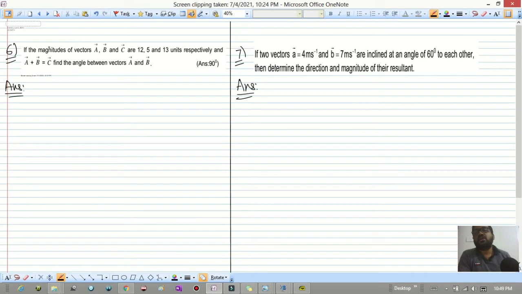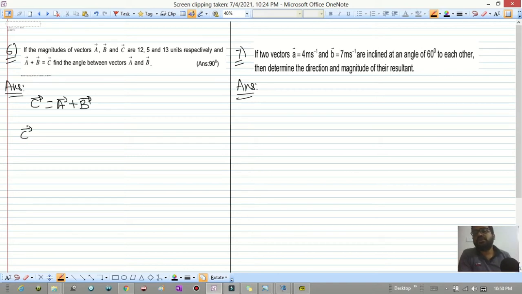Chalo. So it is given, if the magnitudes of vectors A bar, B bar and C bar are given respectively, and A bar plus B bar is equal to C bar, find the angle between vectors A bar and B bar. Okay, so over here C bar is equal to A bar plus B bar. Given indicates what? The addition of two vectors gives the third vector.